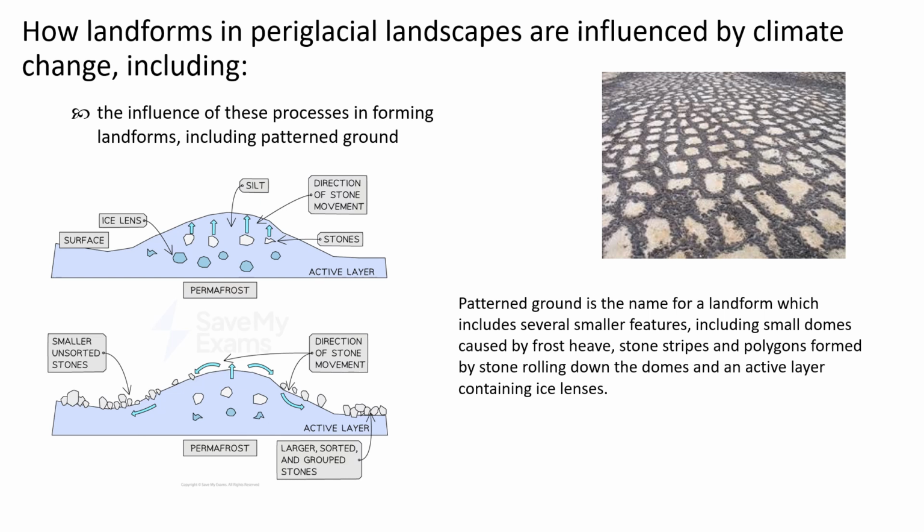So here we have our pattern ground that is created by frost heave, and that upward movement of the ground moves material to the surface, and then that will roll down to the lower areas around the frost heave and create the pattern ground. But it is very susceptible to changing climate. So areas in periglacial landscapes will have this landscape at the moment, but may not in the future.